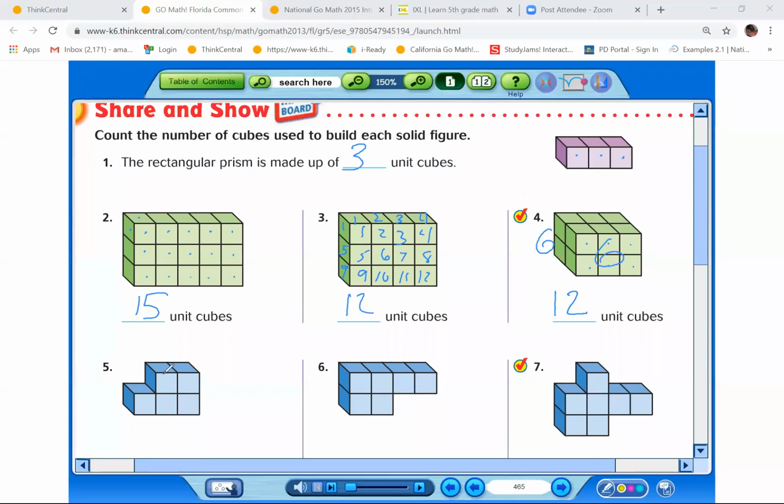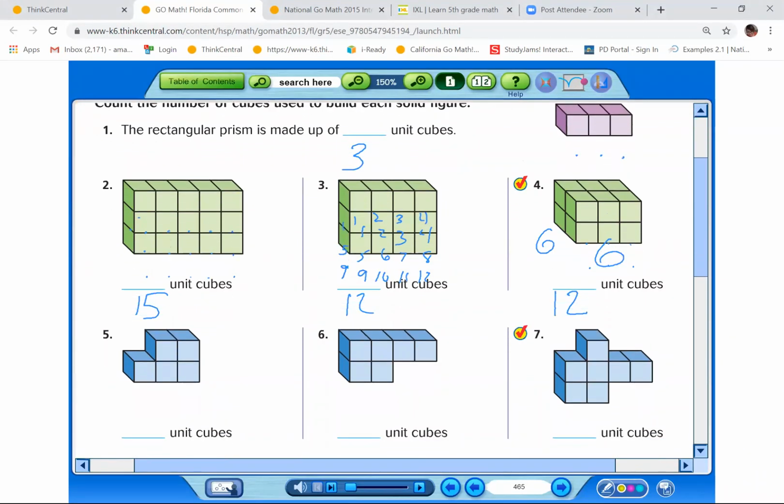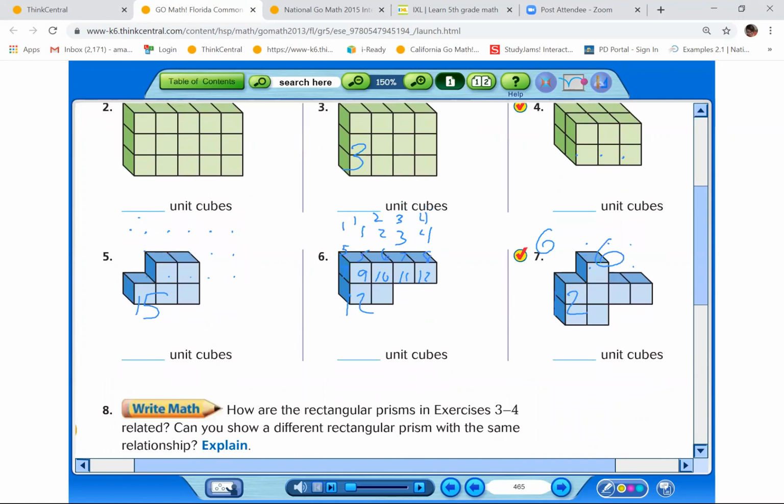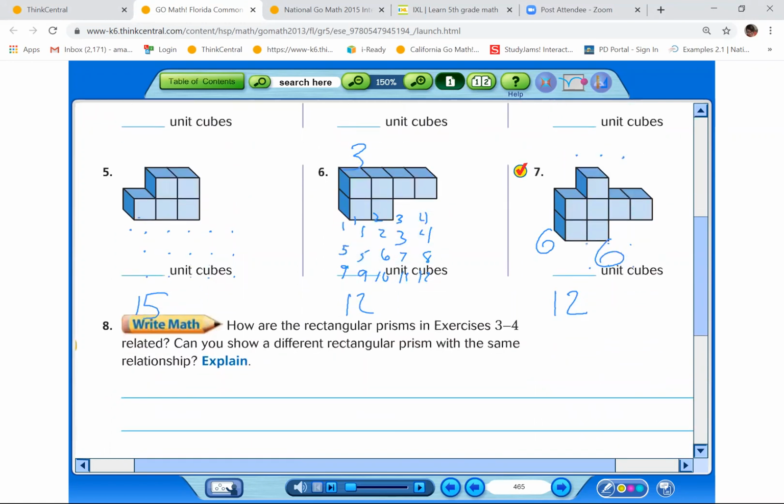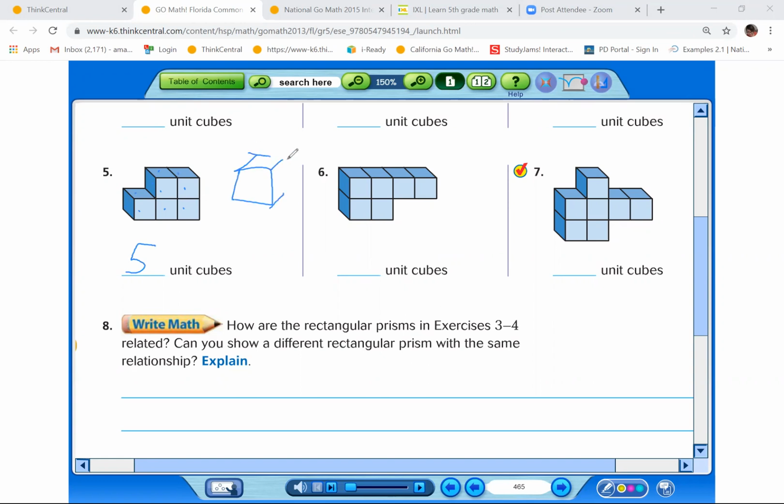Let me move down. And clear. All right, let's take a look now. How many unit cubes? 5 unit cubes, right? We're not counting those sides. We're counting the full cube. This is what we're counting. We're not counting those faces.